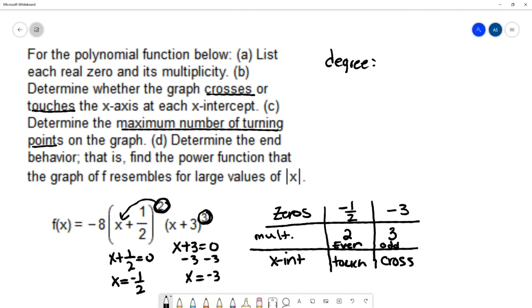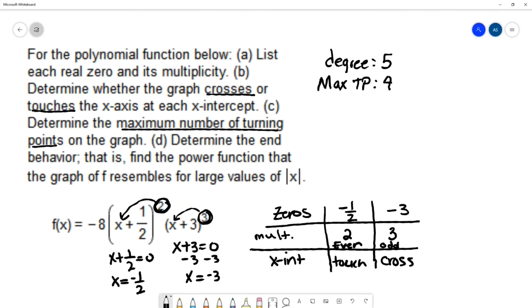We have 2 factors on this one and 3 factors on this one, so we have 5 factors of x. That's going to give us a degree of 5. So then, once we know the degree, the max turning points is always going to be 1 less than that degree. So the maximum number of turning points would be 4.